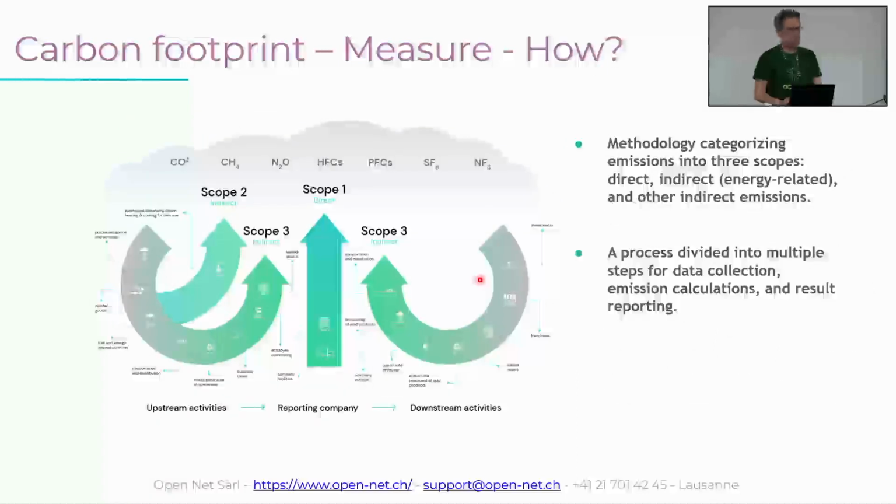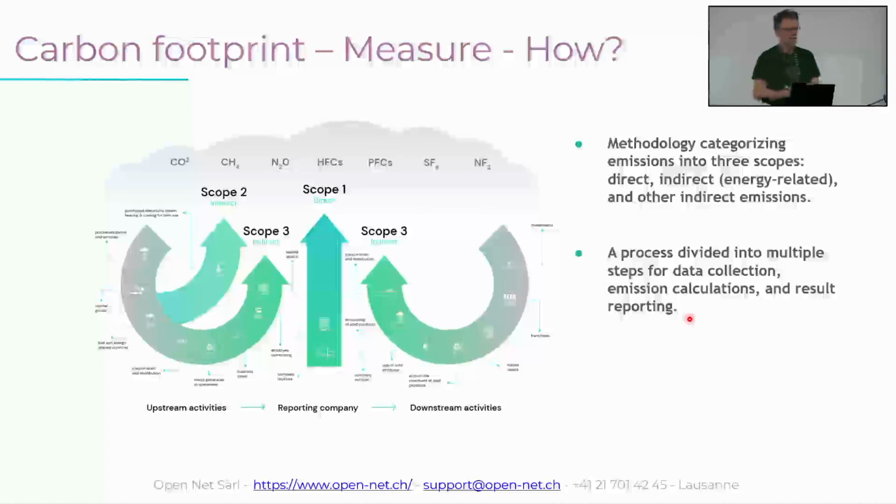How do we measure a carbon footprint? So this is now, I think, 20 years since people tried to make it as smooth as possible. So there is a notion of scope, and it has been divided into 3 scopes, measuring the direct emissions, the scope number 2 that is linked to the indirect emissions directly related to energy, and the third scope coming from upstream activities or downstream activities that is linked to these indirect emissions.